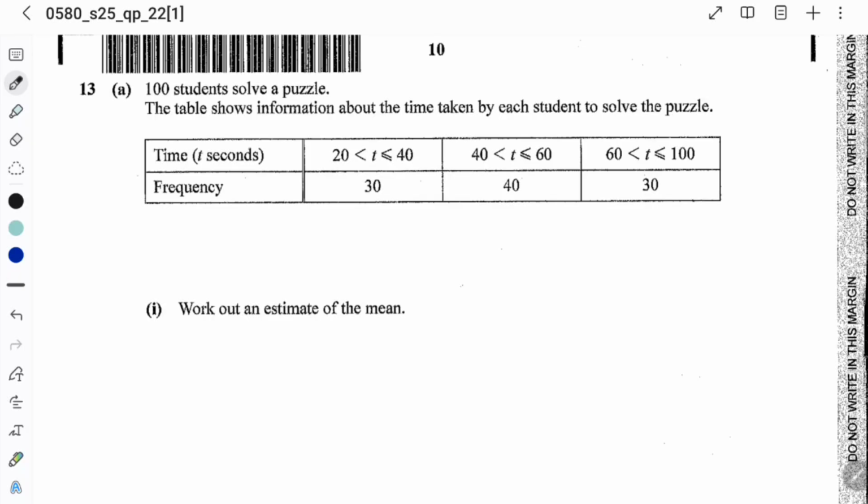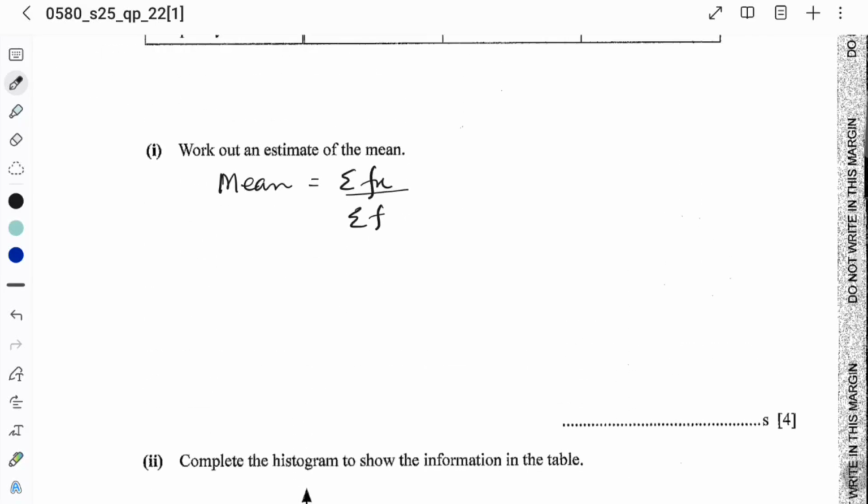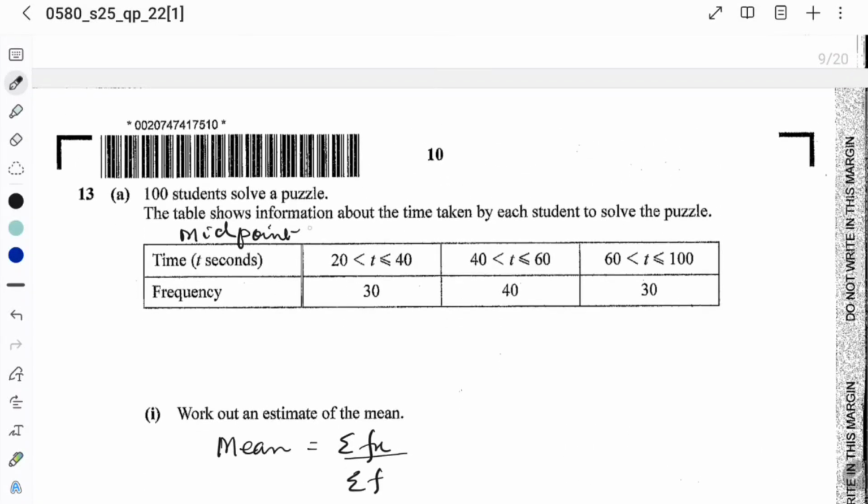We know that the mean is equal to sum of fx divided by sum of f. For that, we need to find the center because it's grouped data. The center of each group is the midpoint. First of all, find the midpoint. Just check how many marks the question is. It's a 4 marks question. Make the table here.